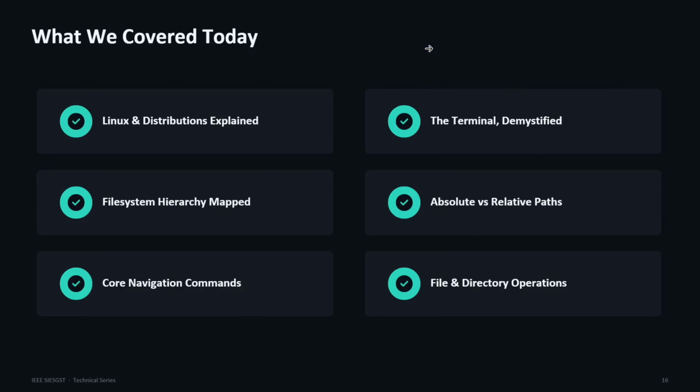Now, time to quickly recap everything we have packed into this session. We have explained the Linux distributions. We have demystified the terminal, the cryptic prompt, and everything. We mapped the file hierarchy. We have covered the absolute versus relative paths concept. We went through the core navigation commands, like pwd, ls, and cd.